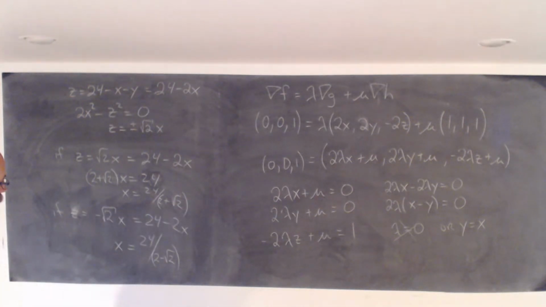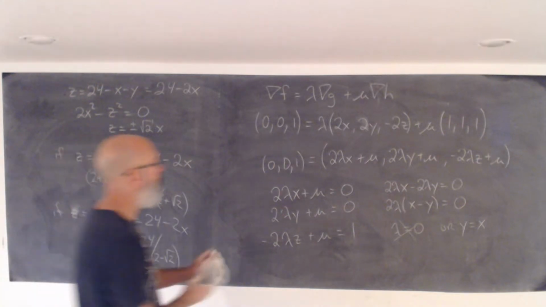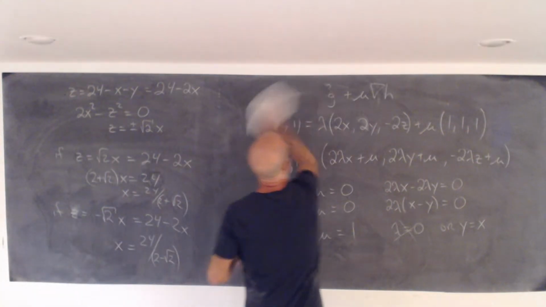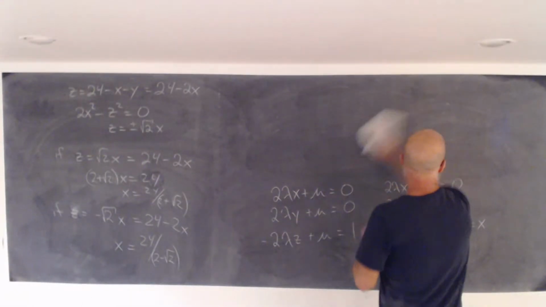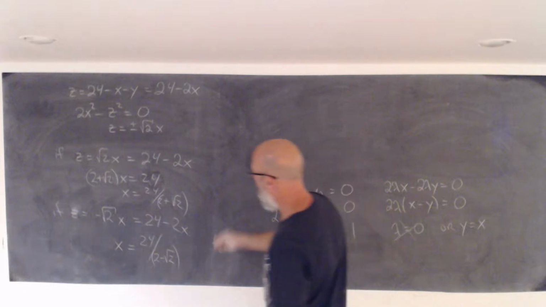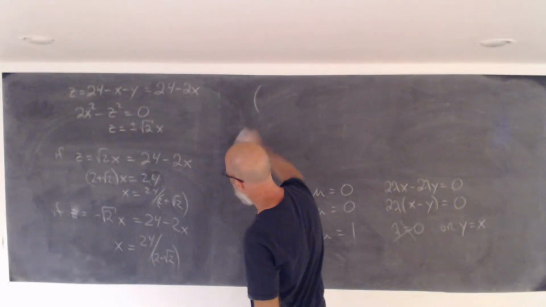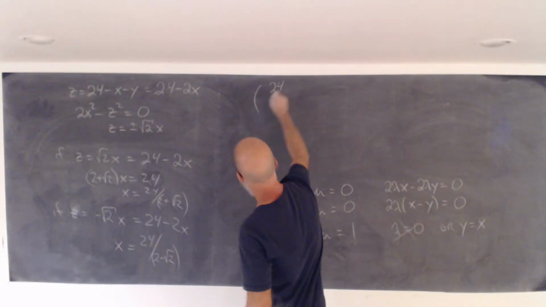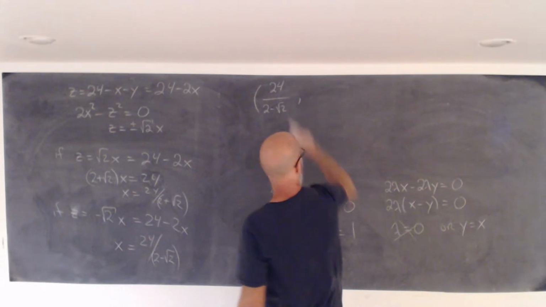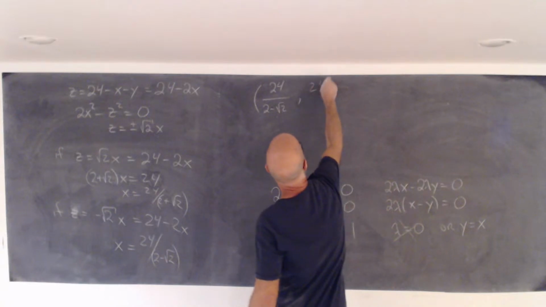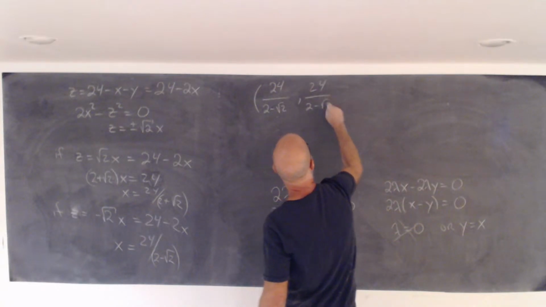Y is equal to x. So you get the points: 24 over 2 minus root 2. Y is the same as x, so 24 over 2 minus root 2.